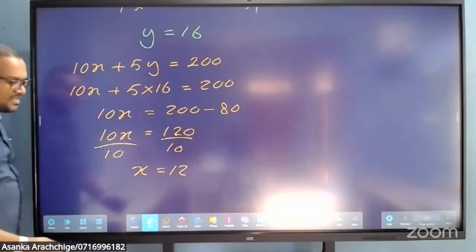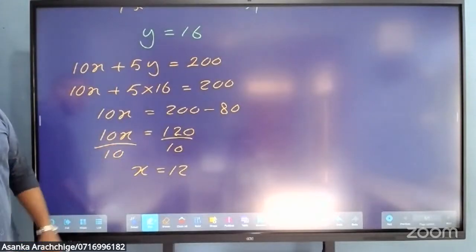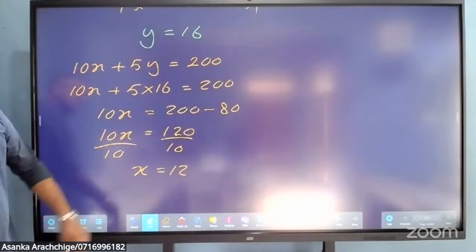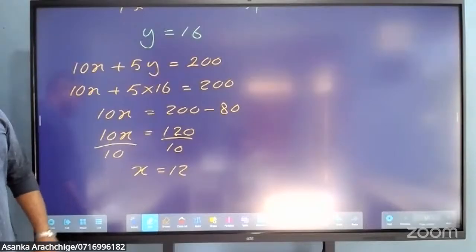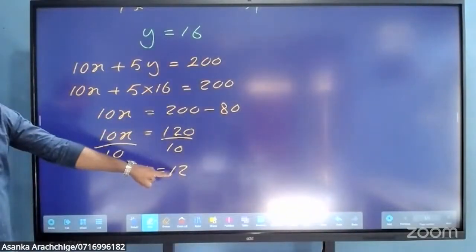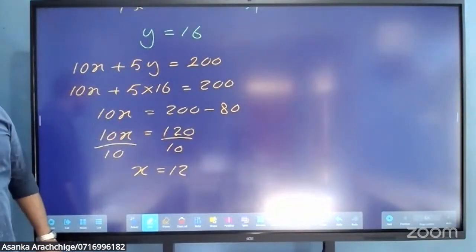Then write the number of packs of small plates is 12. The number of packs of large plates is 16. අන්තිමට ඒ දෙක ලියන්න ඕන, මෙහෙම ලියුවට මදි. Write number of packs of small plates 12, number of packs of large plates 16.